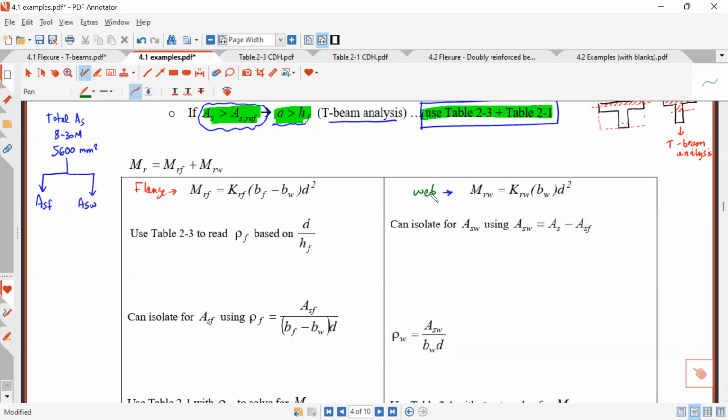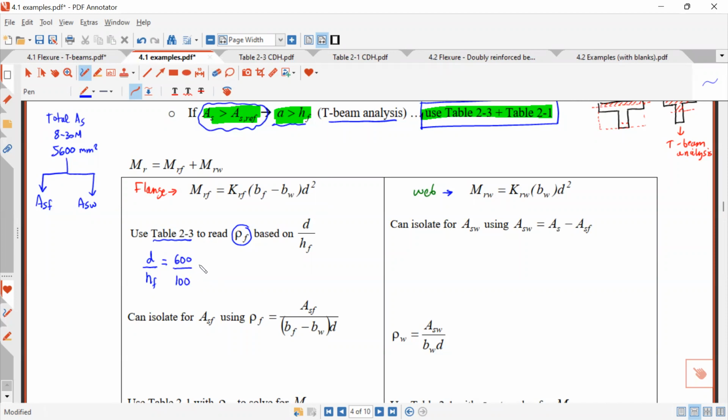Okay, so the first thing to do is we have to figure out what this ASF is, because if we know it, then we can split that steel into these two portions. To do this, we have to go into this table 2.3, which is the new table that we're going to use, and we're going to determine rho F based on D over HF. Okay, so let's calculate D over HF. In this example, it's 600 for D, and HF is the flange thickness, that's 100.